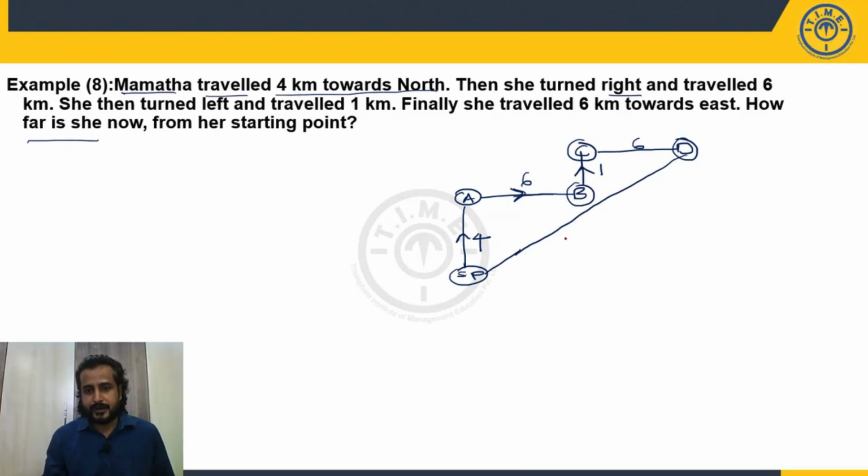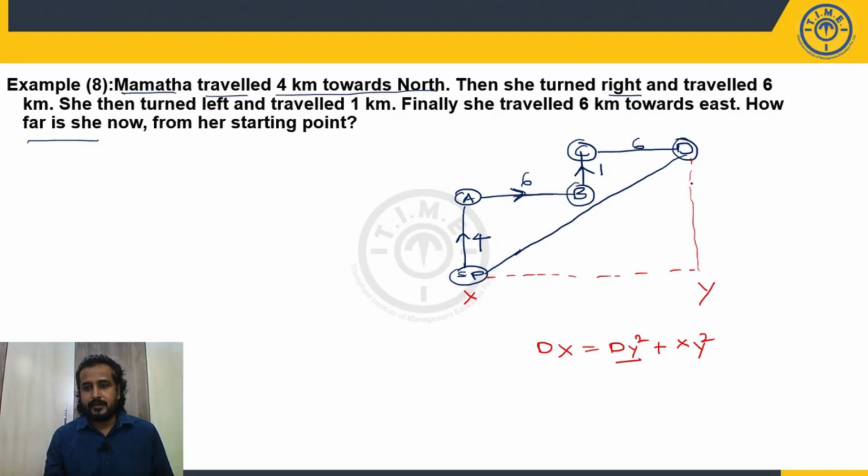Let's say the starting point is X. So we need to identify the XD distance. Can you say directly how much distance it is? No. So we need to form a right angle triangle. Let us form a right angle triangle. Now, let's say it is a point Y. Which distance do I need to identify? DX. DX is equal to the square root of DY square plus XY square.